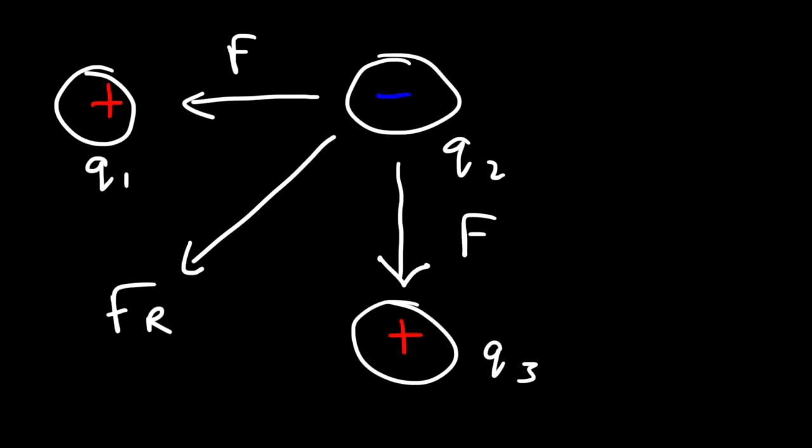And so at this instant of time, Q2 is going to feel a force that's going to pull it in this general direction. Now let's try another problem. So let's say that this time we have 3 positive charges. We'll call them Q1, Q2, and Q3.